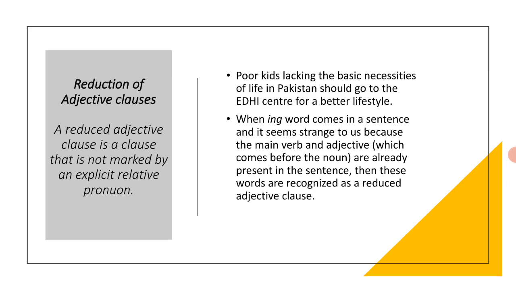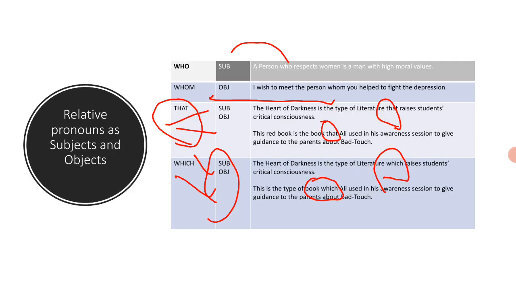That's the only thing. And one more thing that I forgot to mention about relative pronouns is that relative pronouns act as the parents for adjective clauses. It means that they give birth to adjective clauses. Okay? You have to keep this point in mind.